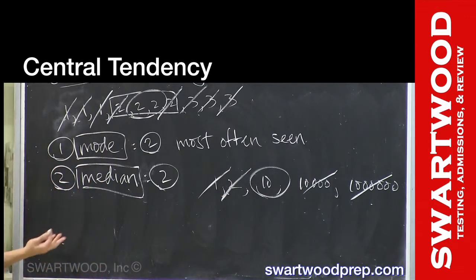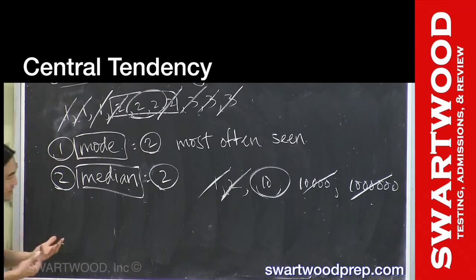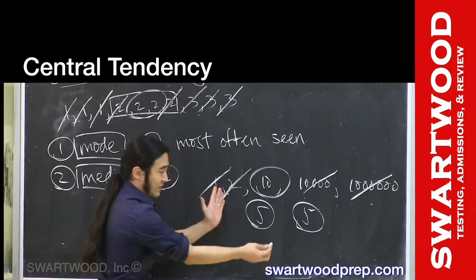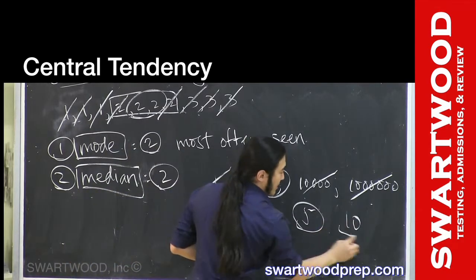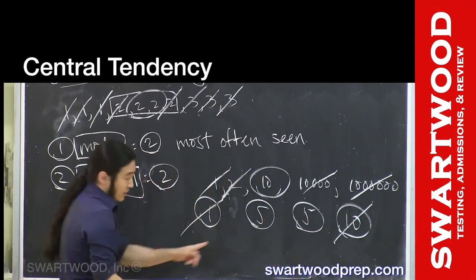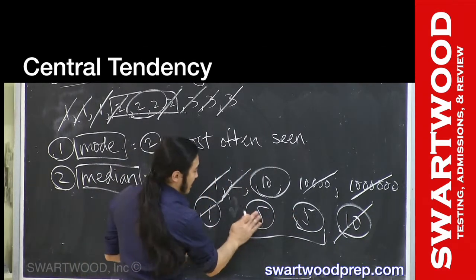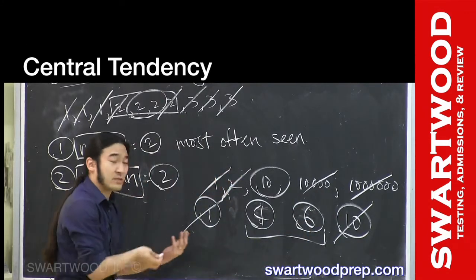So you line up all the scores, the middle score is your median. Again, a lot of profs adopt a convention that if you have two guys that qualify as a middle number, let's say our list looks like 1, 5, 5, 10, the highest and the lowest go out. These two guys tie. Then they would average these two. And of course, if this were something like 4 and 6, the median would be considered 5.